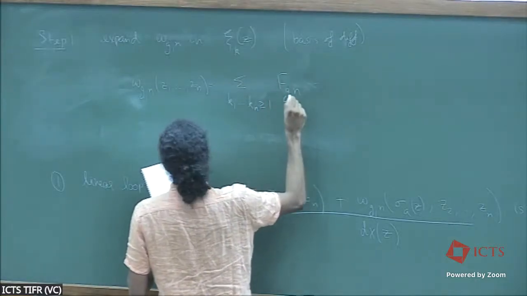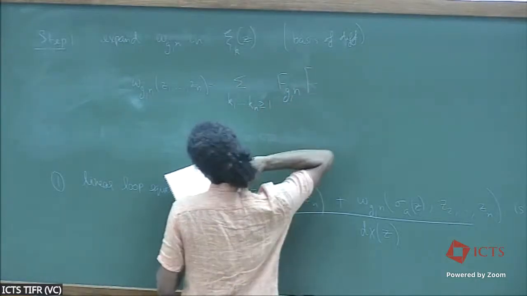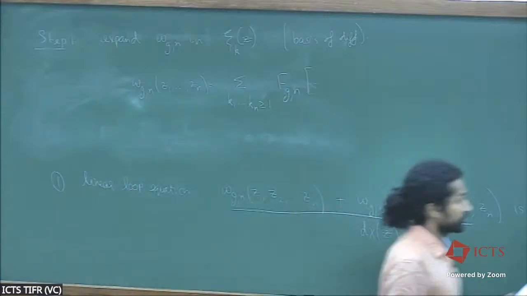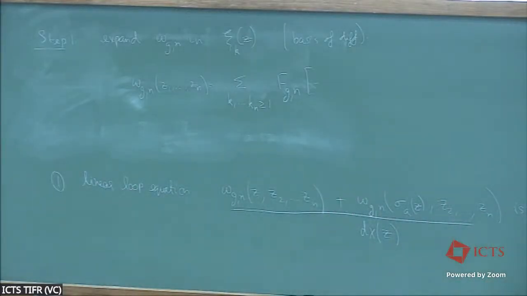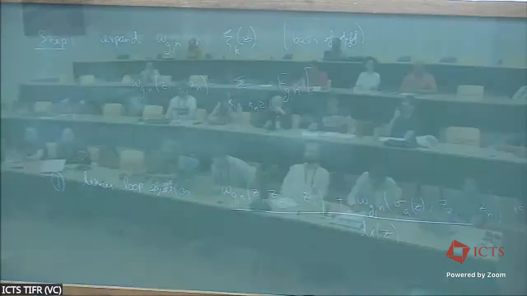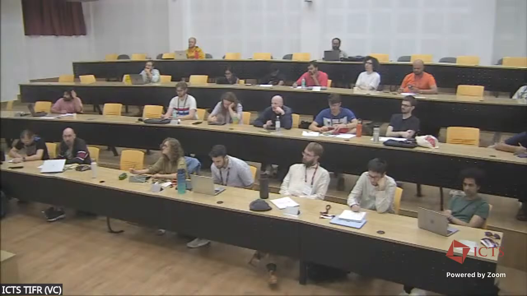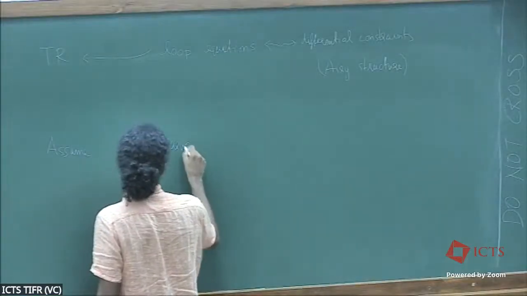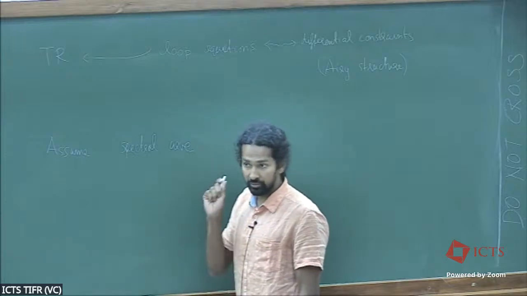Oh, so this notation is somehow a little bit different from the one that, okay, sorry. For showing this, I'm going to assume you don't have to do this. It just makes all the notation simpler. So assume that the spectral curve only has one ramification point, a single ramification point.